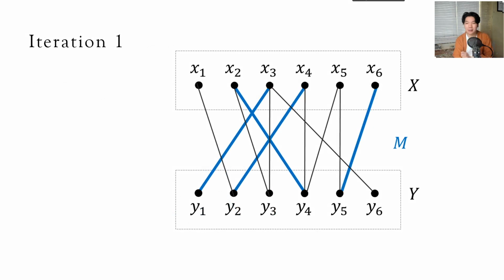Iteration number 1. To start us off, our initialization step says, let S be the set of all vertices that are not saturated by M within X. So if I look at X, I'm looking for all of the vertices that are not incident to an edge of M. If I look at X1 to X6, the only vertices that are unsaturated are X1 and X5.